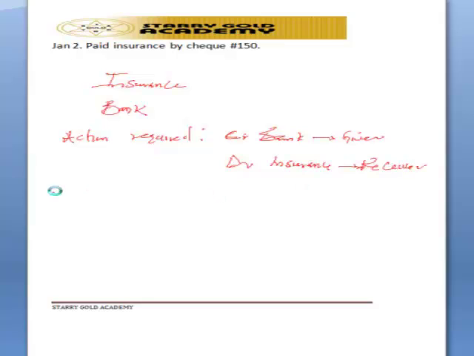Then what is the effect of this on the financial statements? As we are crediting bank, remember bank is an asset, so there is a decrease in assets, and that asset here is the bank account.